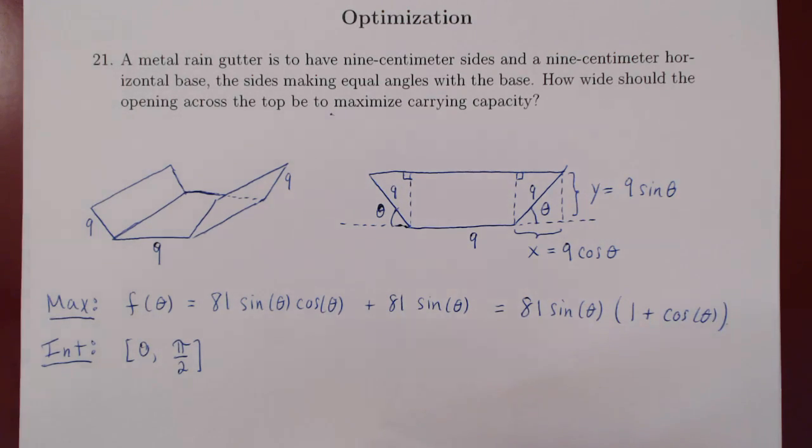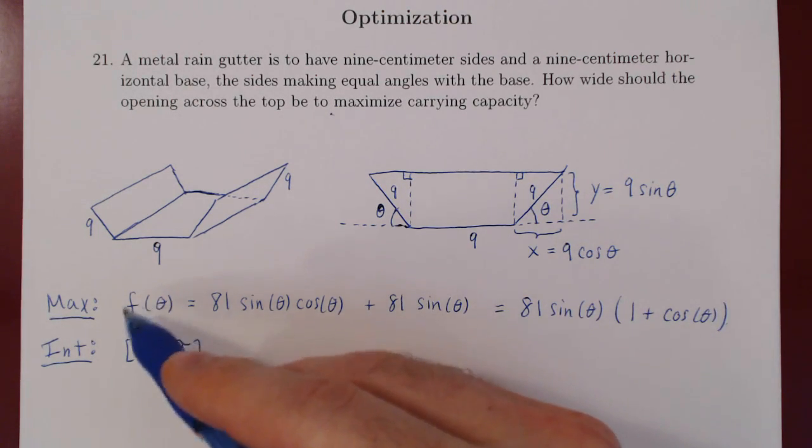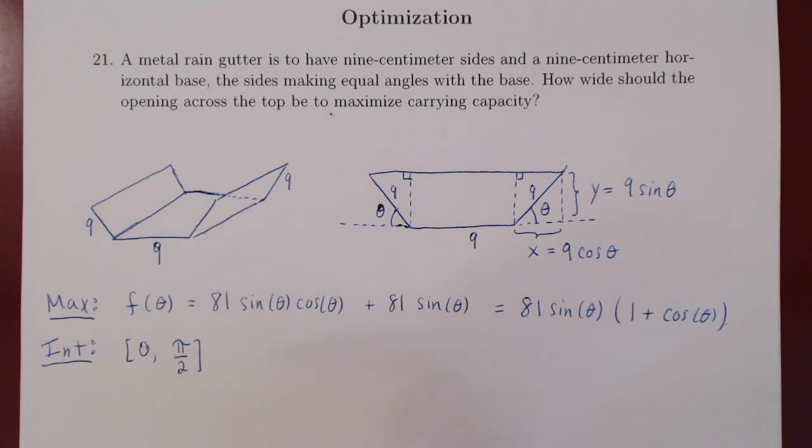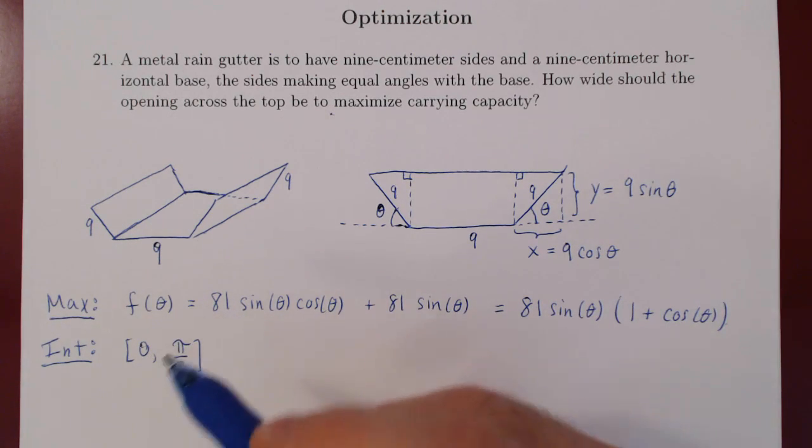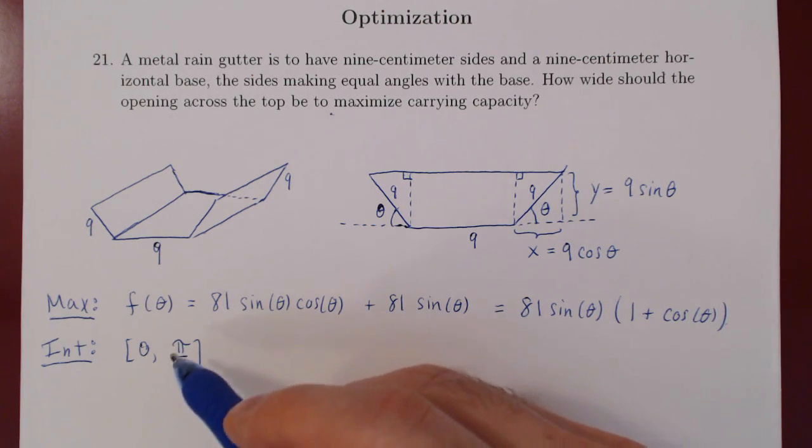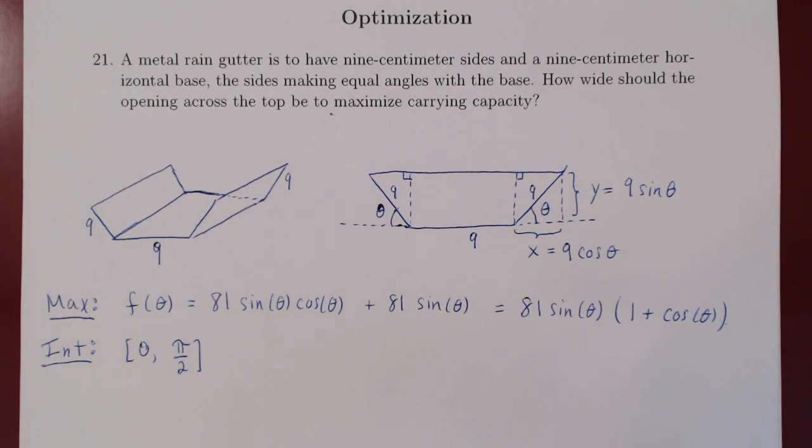We know that the maximum and minimum value of the function f on the interval will have to occur at either the left endpoint, the right endpoint, or at some critical point inside the interval.